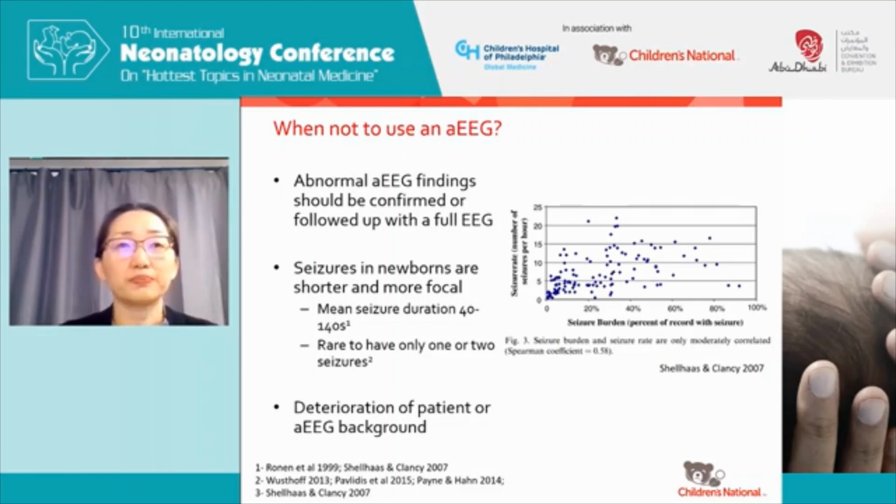And obviously, in certain situations, the amplitude integrated EEG is not going to be useful in letting you know that the patient is acutely decompensating. For example, because you need about 30 minutes of recording to be able to see enough of an AEEG tracing, you may not know that your patient is herniating, because an EEG will give you a second-to-second view of what is functionally going on with the brain.